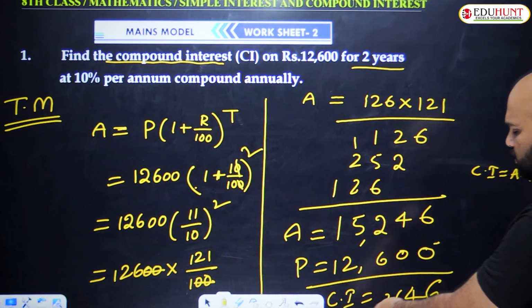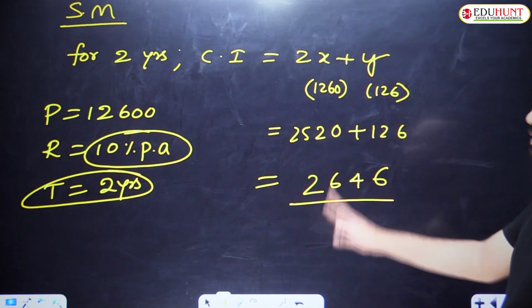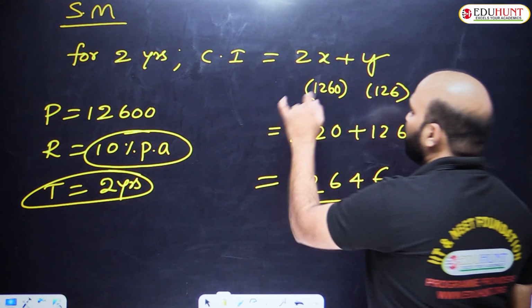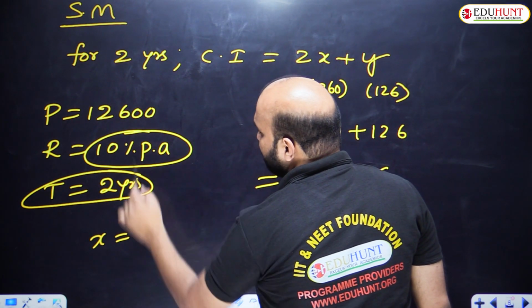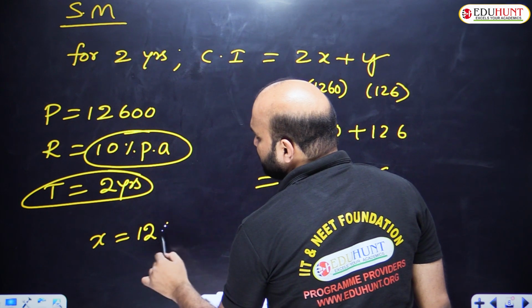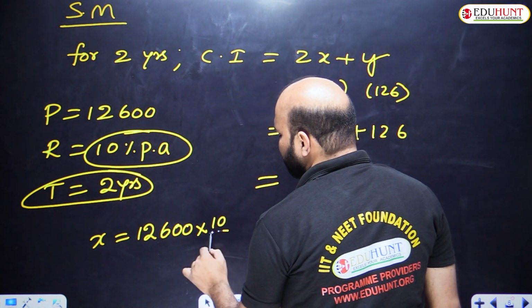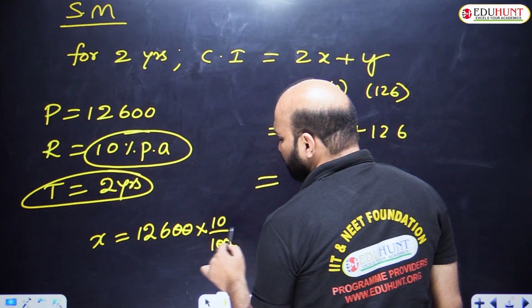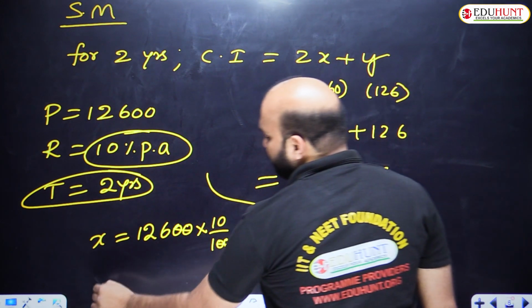2646. The school method also gave us 2646. This is a very important condition, but in that condition, how do we get the x and y values? How do we get the x value? The principal value given is 12,600, the rate of interest is 10%, and 10% value of principal is called the x value. Am I clear? How do we get the y value?